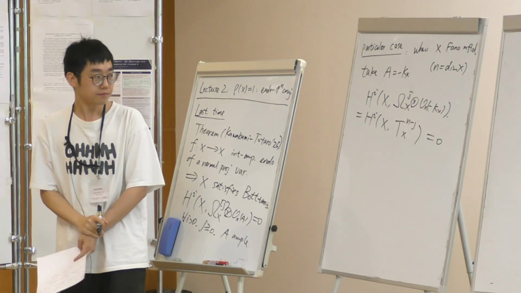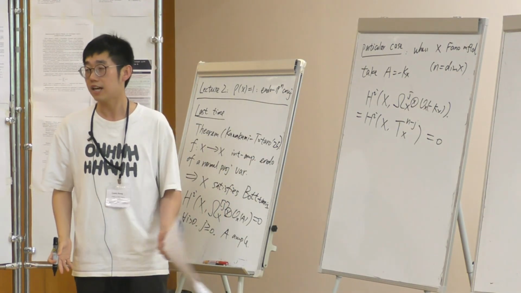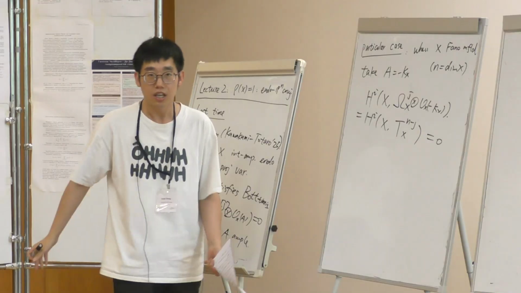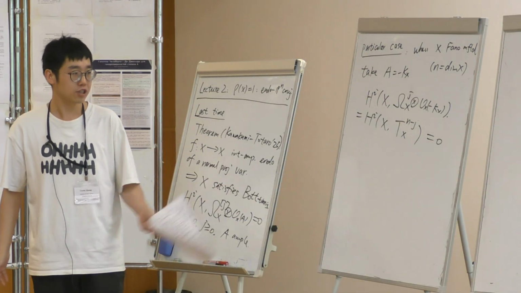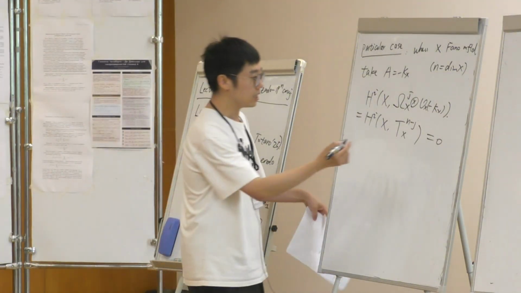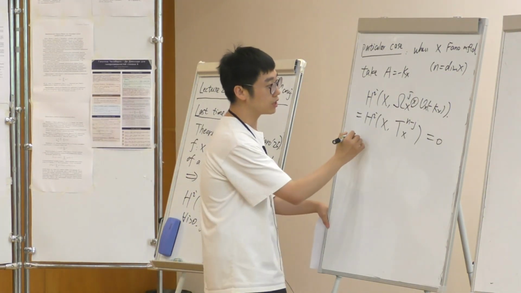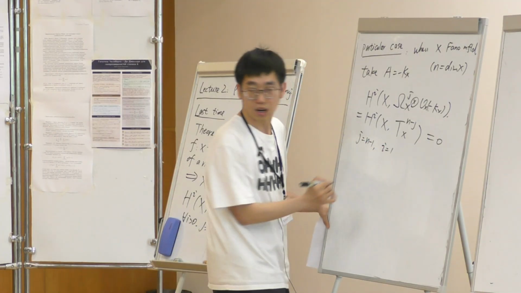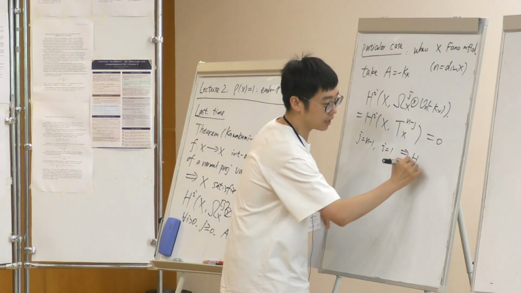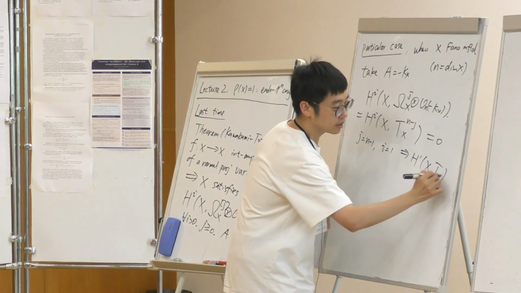Here T_X means the tangent bundle, the dual of the differential sheaf. Also, whenever we take j to be n minus 1 and i equal to 1, this means H^1(X, T_X) equals 0.